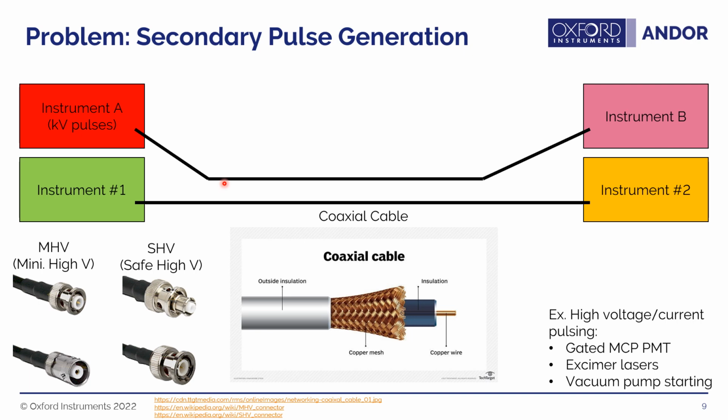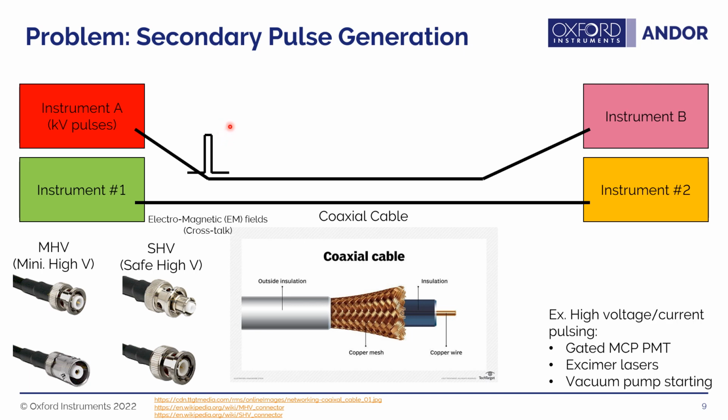But in this case, the researcher may have accidentally got the two cables too close to each other for also the control of instrument 1 and instrument 2. So in this case, you can see a very high voltage pulse traveling down that line.